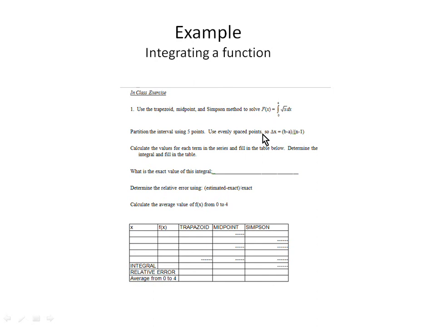We also should figure out what this integral is exactly and write it there, and then determine the relative error down here at the bottom. So you'll evaluate the numerical value of the integral, and this should give you the relative error of using that approximate value and that exact value.